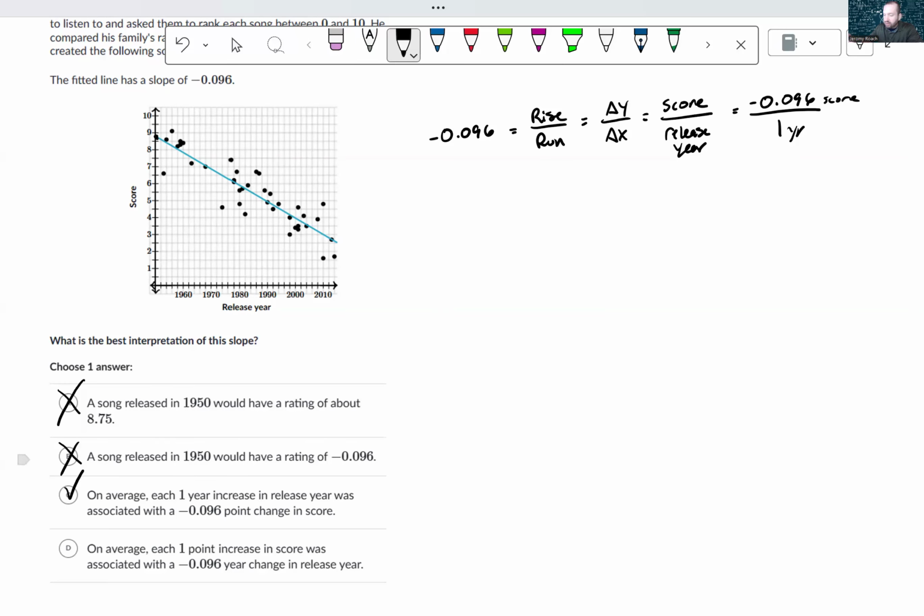So C is the correct answer. And then for D, it looks like they just swapped the order. So it says every 1 point increase was associated with a negative 0.096 year change. The years are not going down by 0.096. The years are going up by one at a time on the x-axis. So it's not D. D just swapped what C was saying.